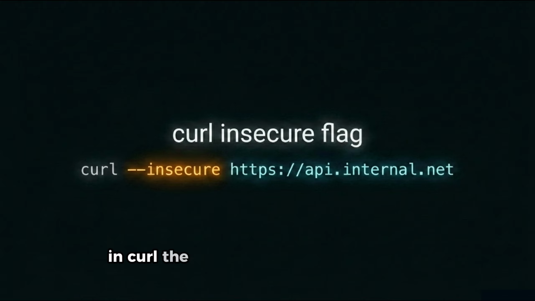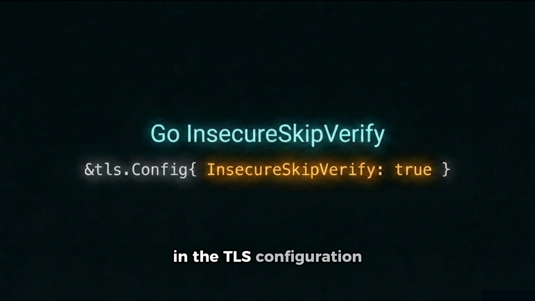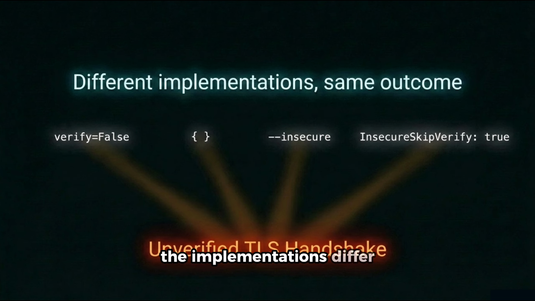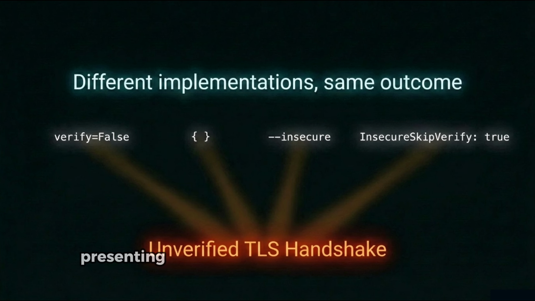In curl, the -k or --insecure flag. In Go, InsecureSkipVerify set to true in the TLS configuration. The implementations differ. The outcome is identical. The client will complete a TLS handshake with any server, presenting any certificate, claiming any identity.